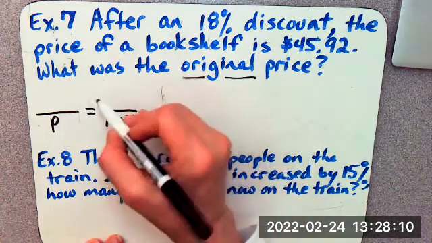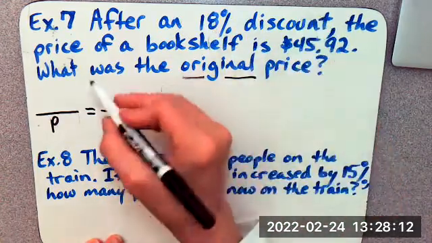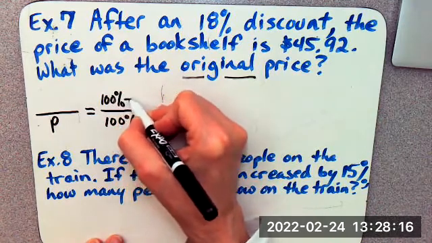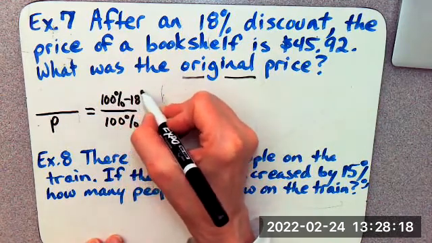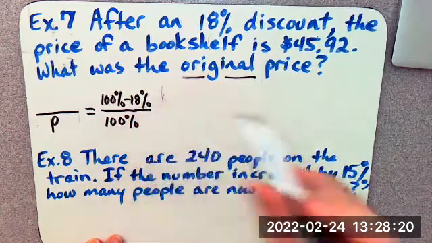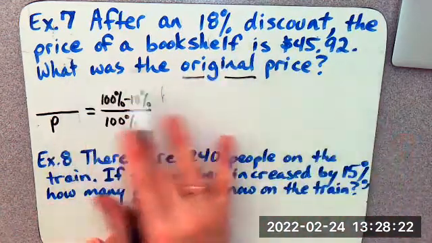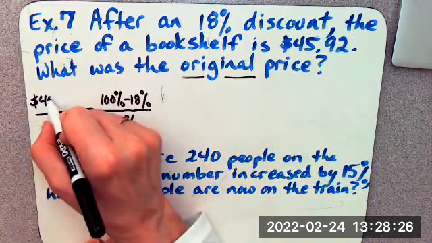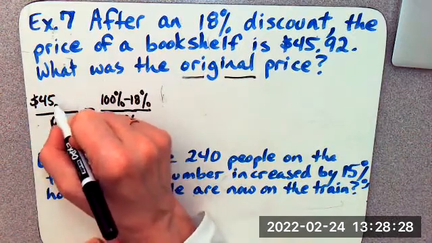So we know that it's an 18% discount. So we're going to take 100% and subtract 18 from it. And when we do that, the price of the bookshelf is $45.92.